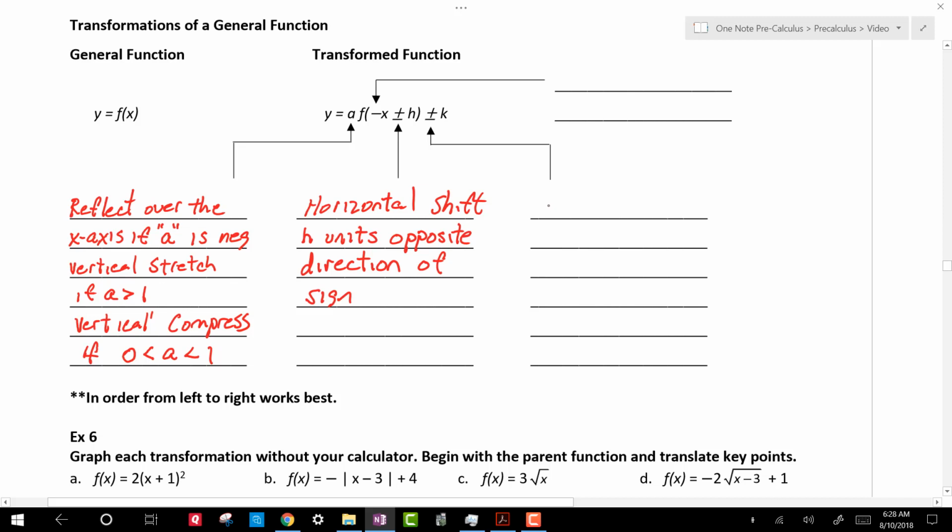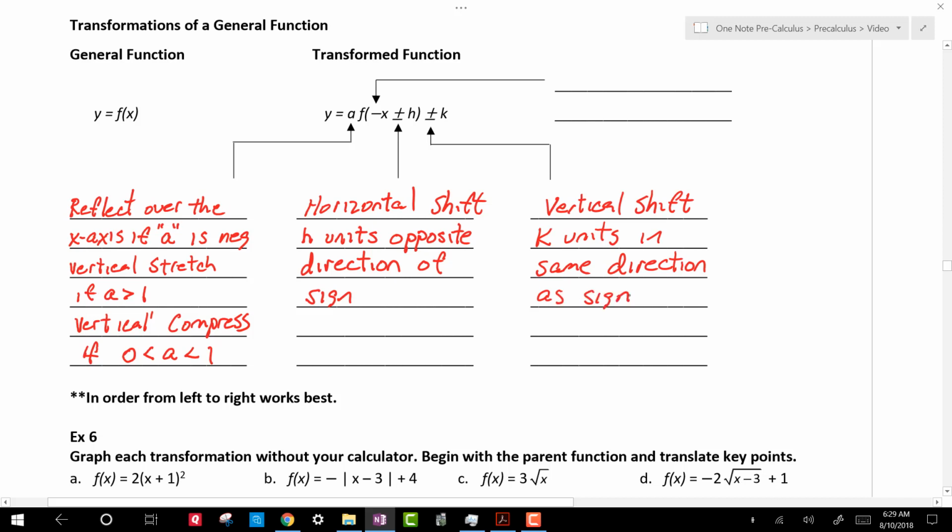Our k value over here was a vertical shift. This was our up and down shift. And this was k units in the same direction as the sign.